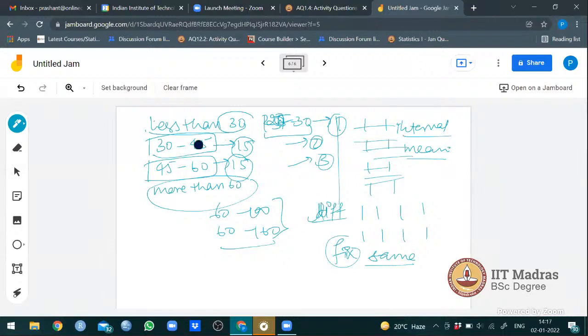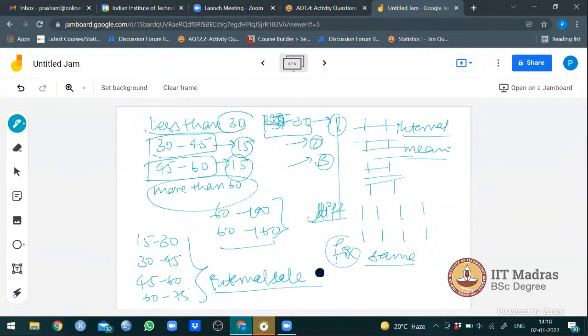Suppose you have categories like 15 to 30, 30 to 45, 45 to 60, and 60 to 75. Then it will be an interval scale. But it need not be the same difference. If the unit of measurement is the same, can we also say it's an interval scale? Can you repeat?